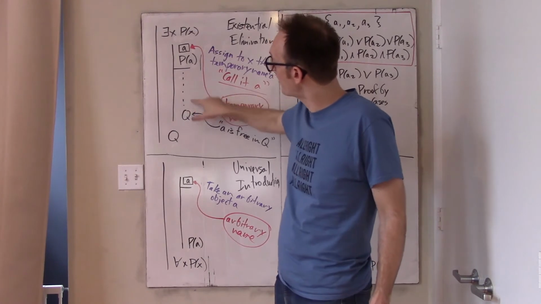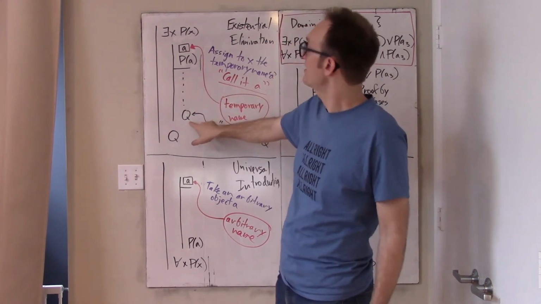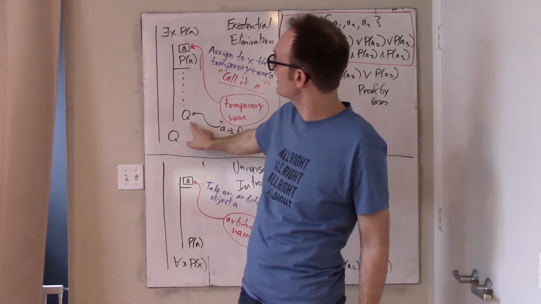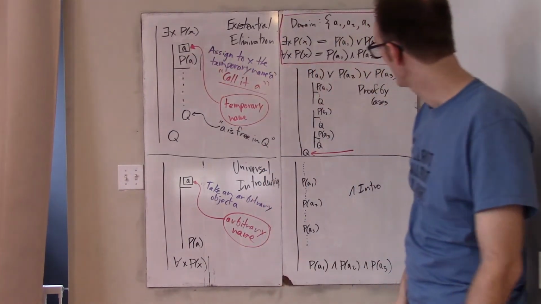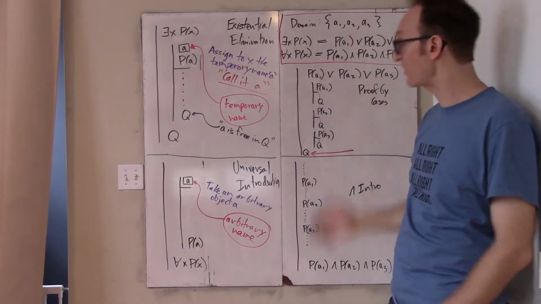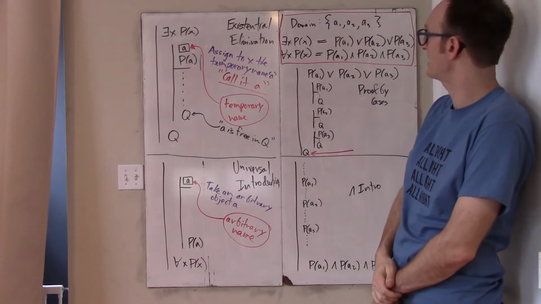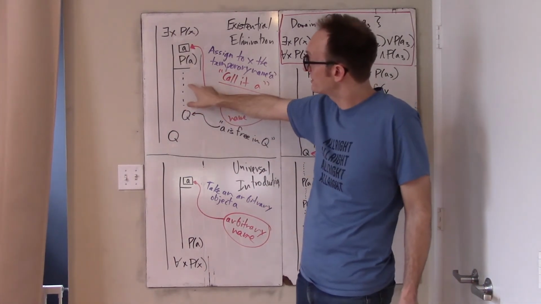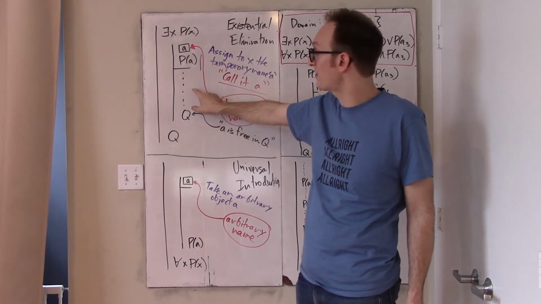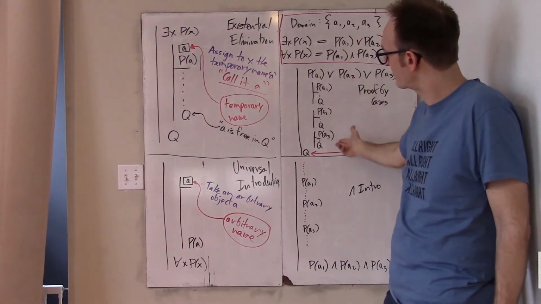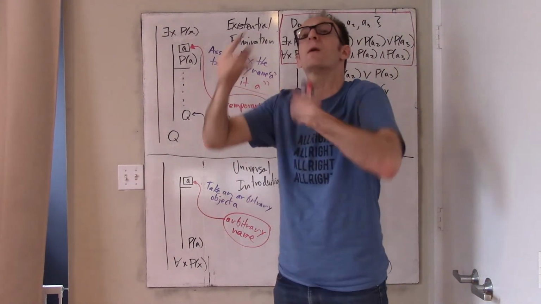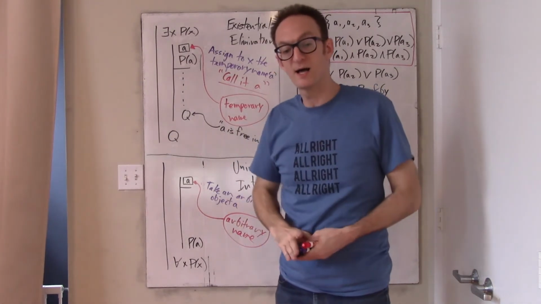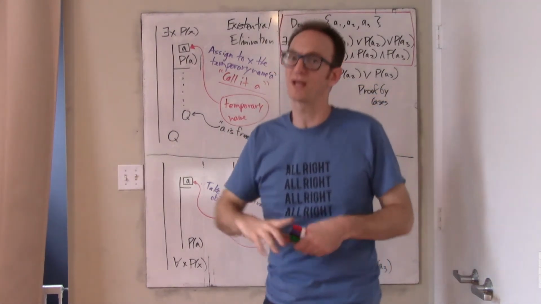If from there we can conclude some fact, then in fact that conclusion must have come from the original existential. This should be thought of as an infinite version of proof by cases. The way you should view this subproof is, it is a proof by cases on the infinite number of different objects in my domain, sort of in one step.